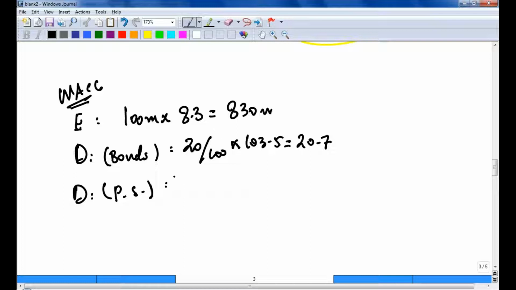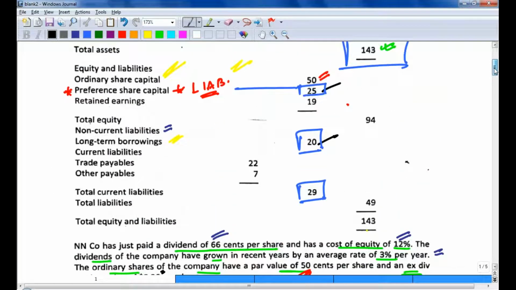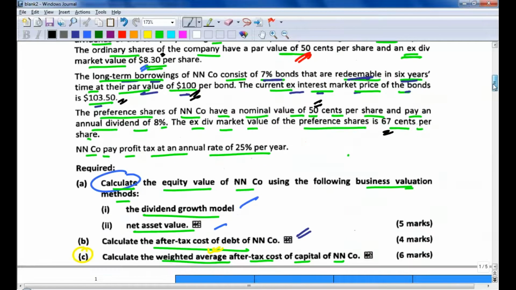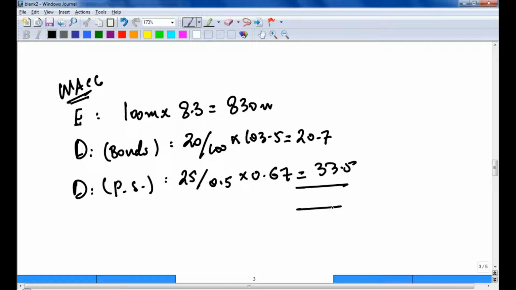Preference shares: 25 divided by 0.5 into 0.67, that is 33.5. 830 plus 20.7 plus 33.5 is 884.2.